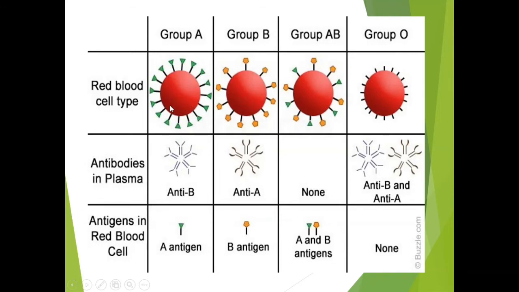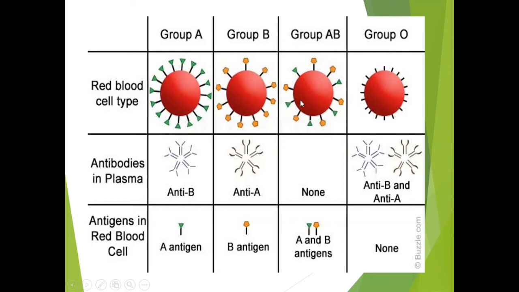No antibody B would be present in a person with blood group B, and the antigen would be B. While for AB, both antigens would be present, but no antibodies would be present in the plasma.